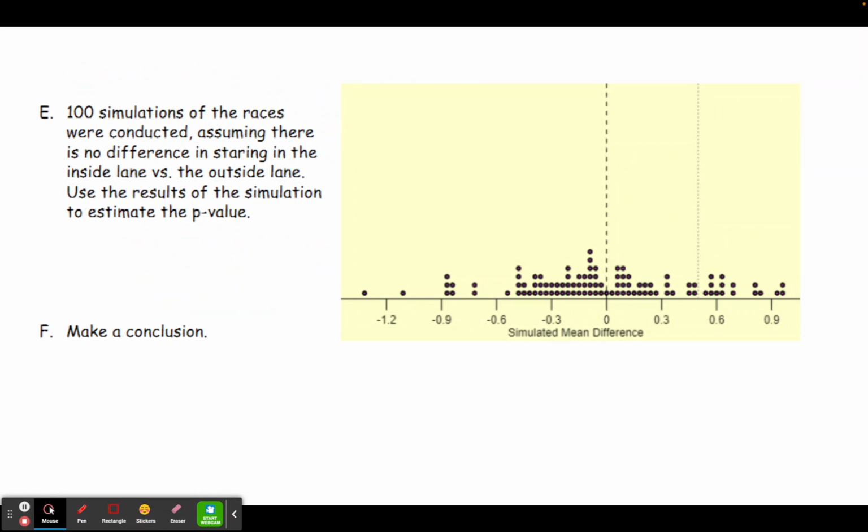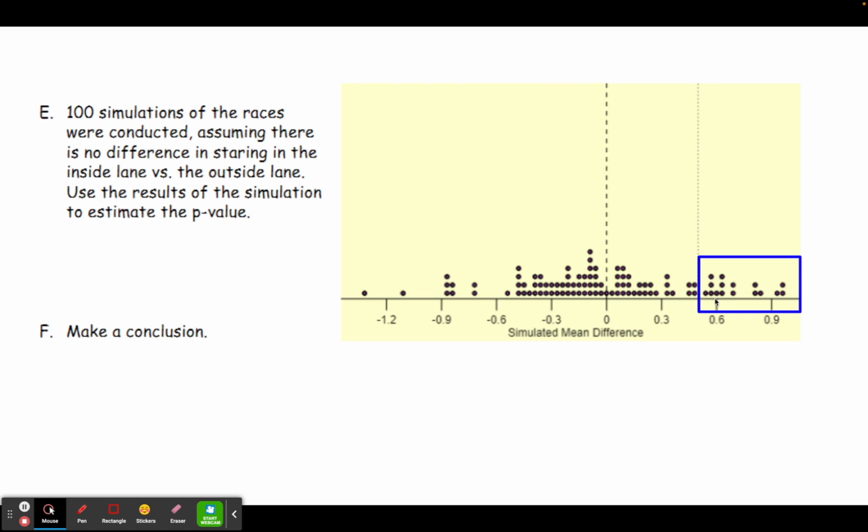Now, I gave you the dot plot here showing the simulations, and remember our test statistic 0.499. So we have to use our best ability to guess where 0.499 is. But in the one in your notes, you have a very faint dashed line in here, indicating where that value is. It might be a little bit hard to see.